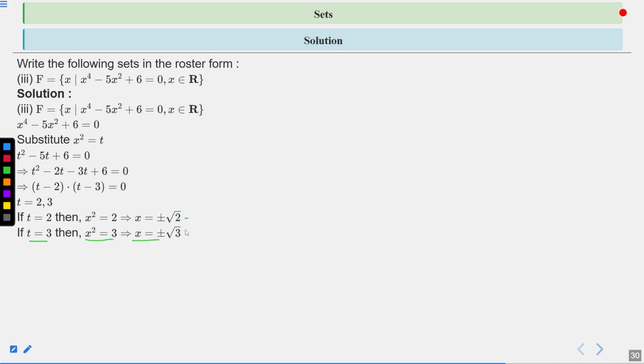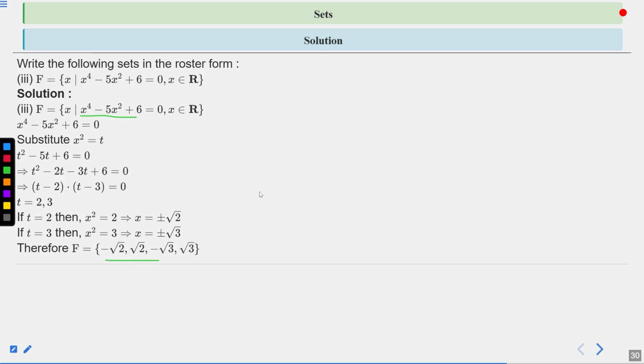So in total we get 4 values for x, and these 4 values belong to the set of reals. So the roster form for F is simply the collection of all elements satisfying this biquadratic equation. The elements are minus root 2, plus root 2, minus root 3, plus root 3. Clear? The roster form is simply given by these.